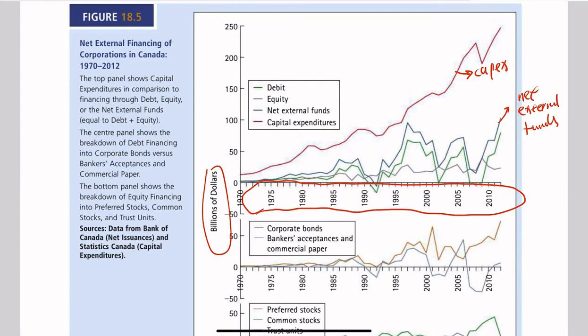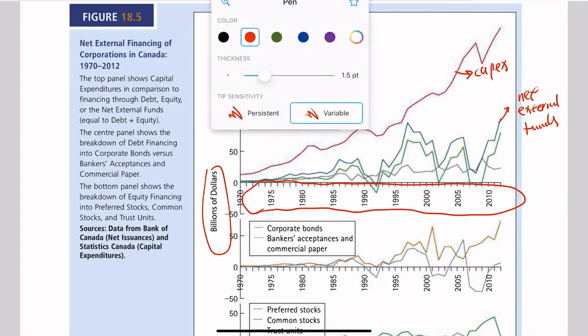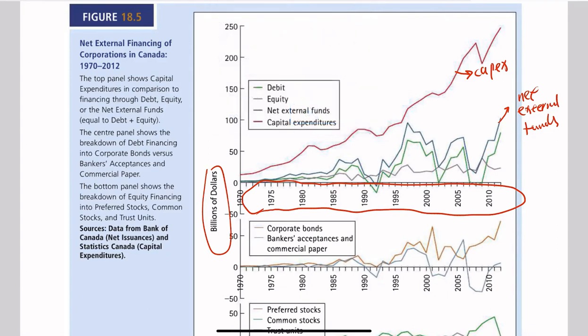What you can see here is there is a large gap between the capital expenditure and the net external funds, right? So you can see that the gap here is actually pretty large. This basically means that firms are only using a very low level of external funding to fund their expenses on capital expenditure.